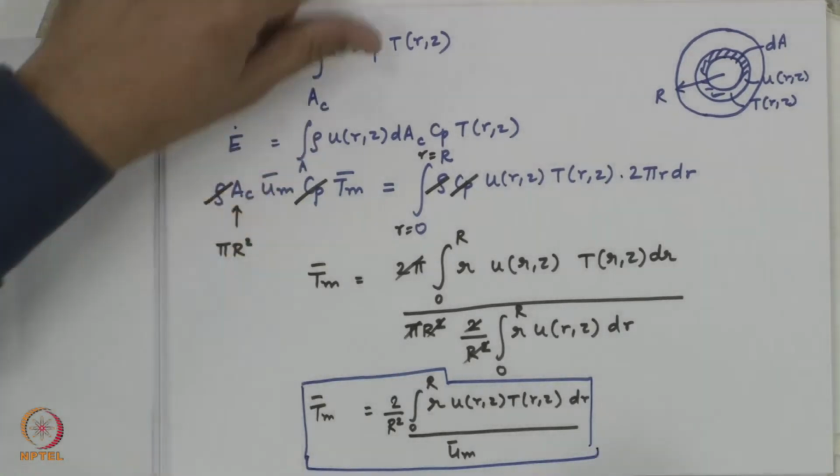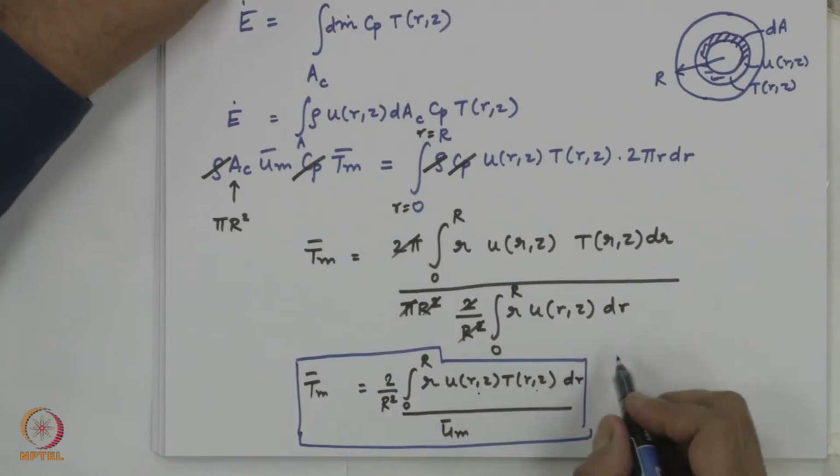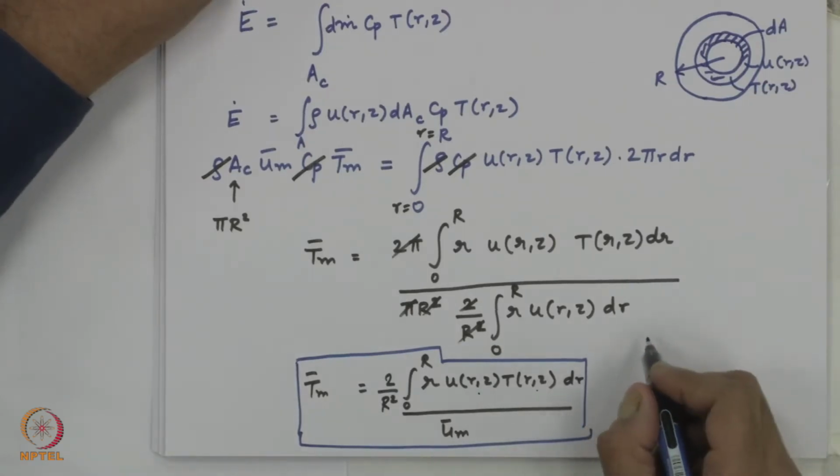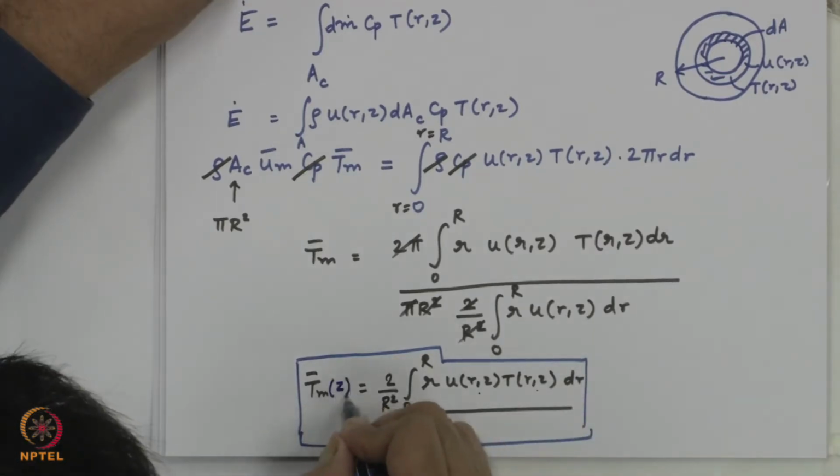The point being, bulk mean temperature is a function of r and z, a function of the local velocity distribution and the temperature distribution, and the average velocity. Is this a constant with respect to z? No, because my fluid is getting heated or cooled. So, this is going to be a function of z.